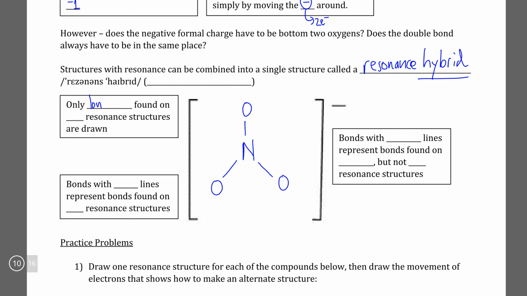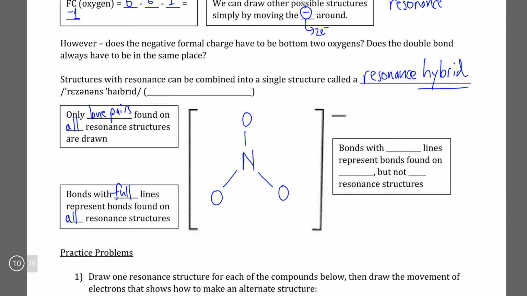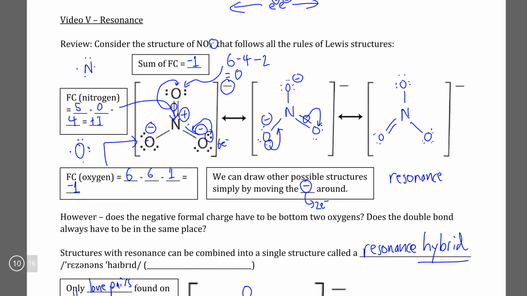Only lone pairs that appear in all of the possible resonance structures, so in all three of the resonance structures, are shown. And bonds with full lines, I'll explain what that means, represent bonds that are found in all resonance structures.